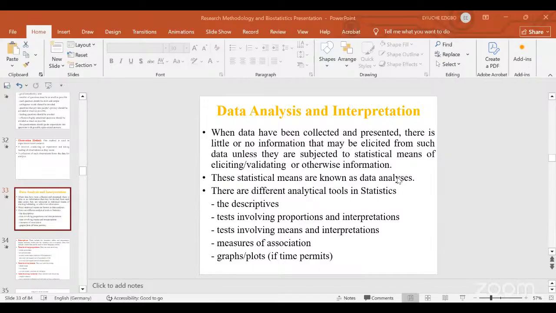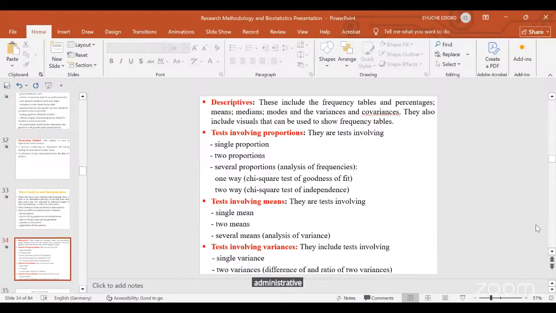So I said again that there are different analytical tools in statistics. The first we are going to be discussing is the descriptives. Descriptive statistics. That's what I mean by the descriptives.